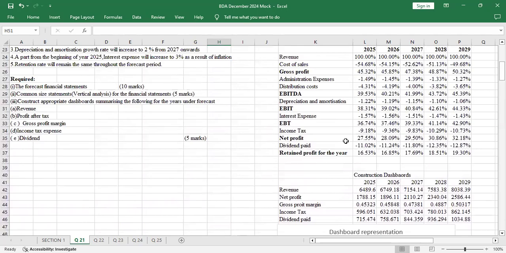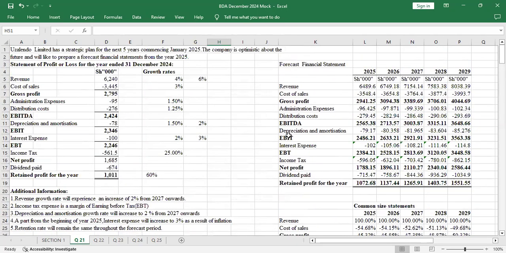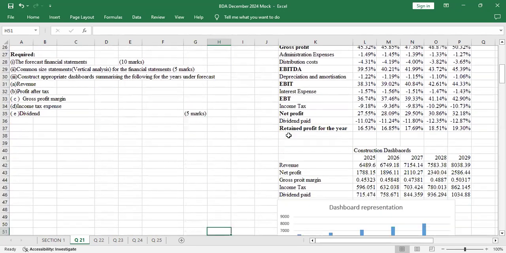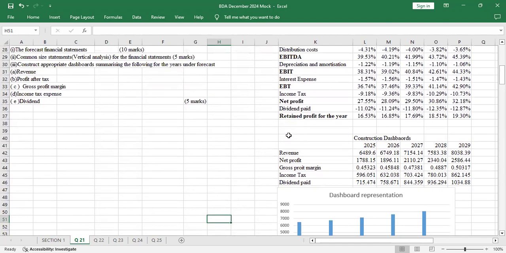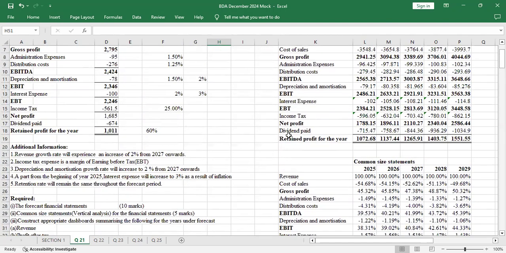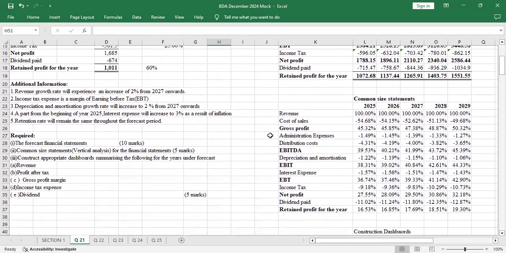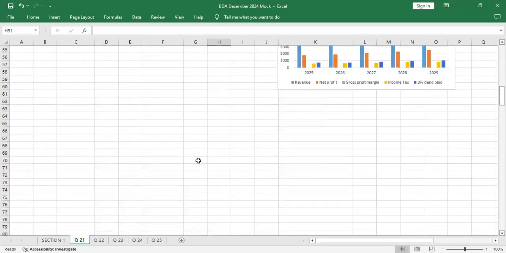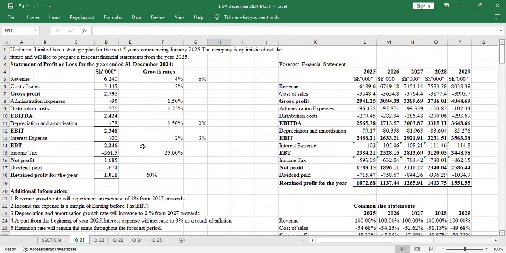That's what was required of you, and you scored a clean 20 marks for this. This is an area that they like testing. So I've told you to do more on forecasting and ratio analysis, common size statements and ratio analysis. Don't be surprised if you meet such questions on Friday.